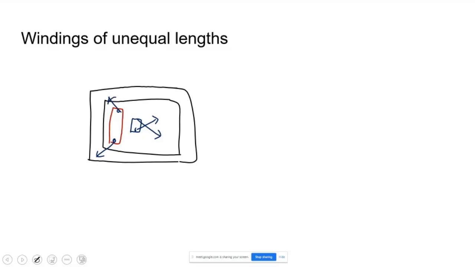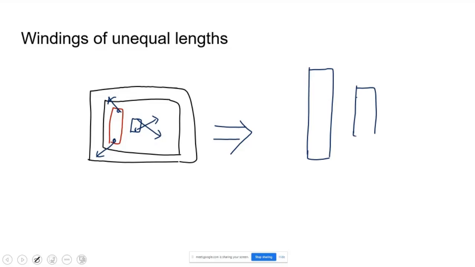So for analyzing such cases, what we do is we consider the two windings. This is the first winding and this is the second winding, and it becomes easier to analyze considering two symmetrically located points. Maybe you can assume that the windings are exactly at the center.